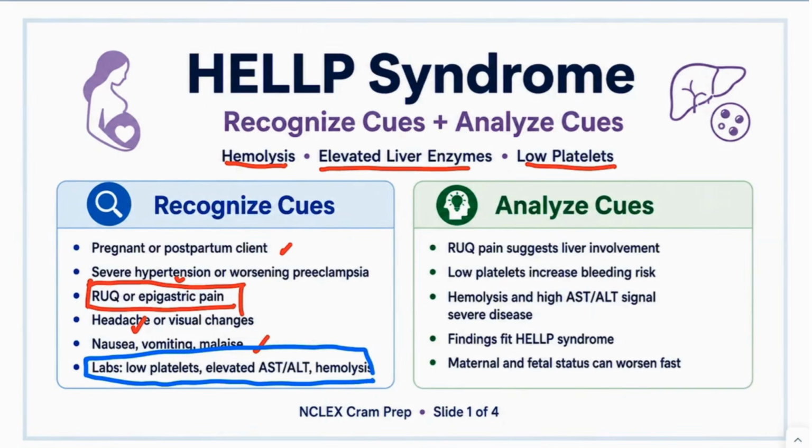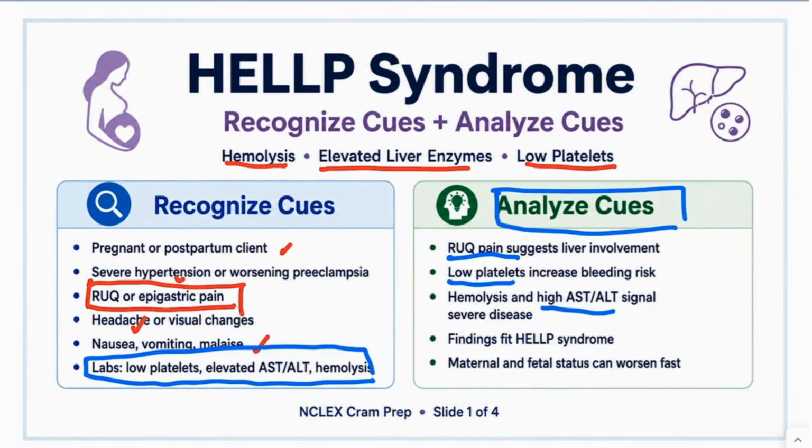NCLEX wants you to connect them, meaning you have to analyze the presenting cues. When right upper quadrant pain occurs together with elevated enzymes, as you can see with the AST and ALT, and then you also have thrombocytopenia in the form of low platelet, those findings should no longer look like a separate problem.